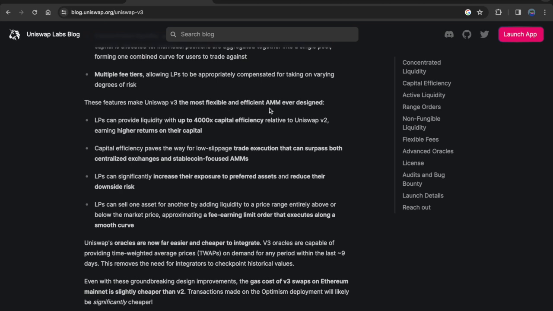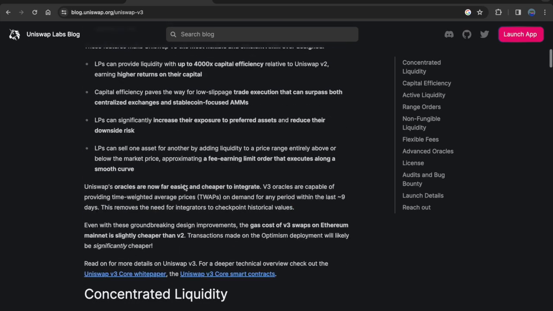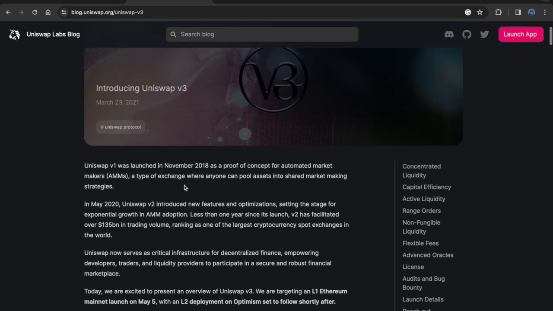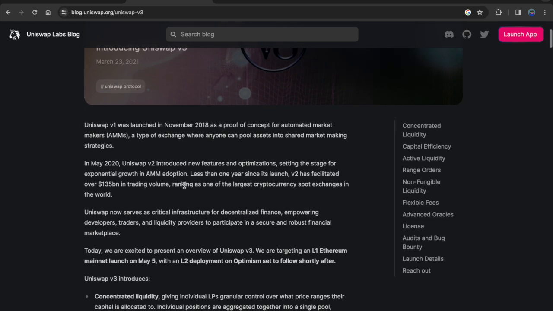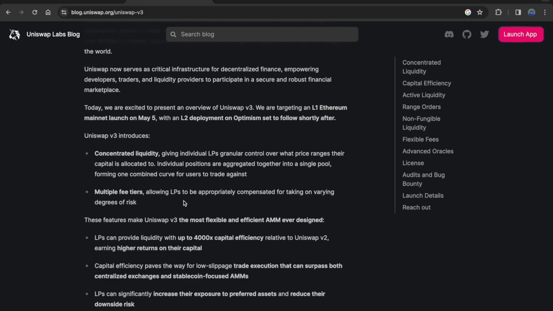Okay, so the most flexible and efficient AMM. LPs can provide liquidity, capital efficiency. Okay, so LPs are liquidity providers. That's an actor. You're going to have your users who are performing swaps.